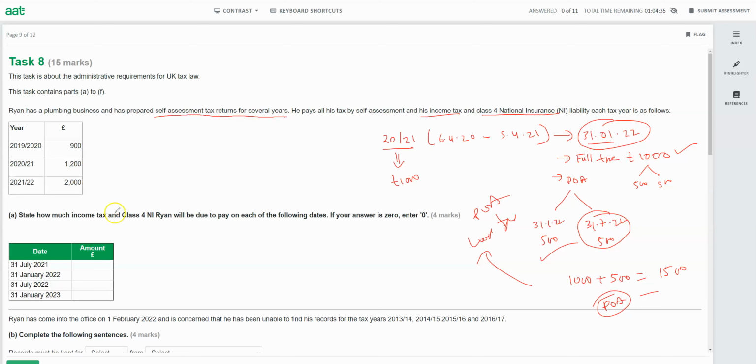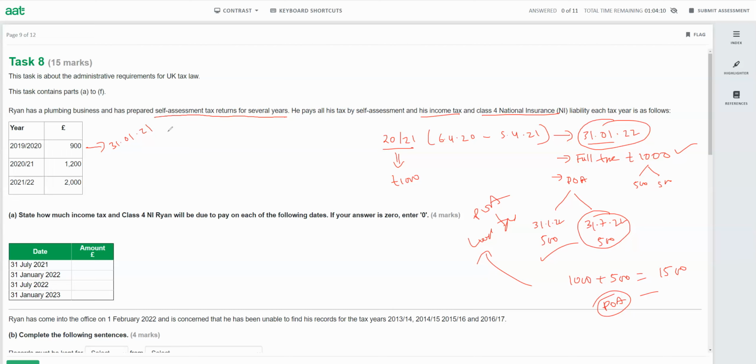Okay, now let's have a look at our question. It says 1920. So the tax year 1920 means 6th of April 19 to 5th of April 20, and that was 900. This one I am supposed to pay on 31st of January 21. I have to pay all this amount. Now before that, it could be the first year.